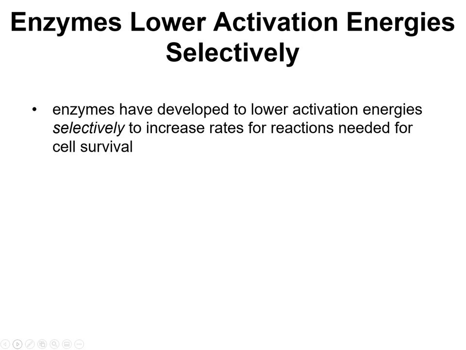So enzymes are not going to develop or evolve to do a reaction that doesn't actually benefit sustaining life. So all the reactions that are occurring in your cells right now as you're listening to this lecture, they're performed by enzymes that have had a lot of time to figure out the best way to do the work.